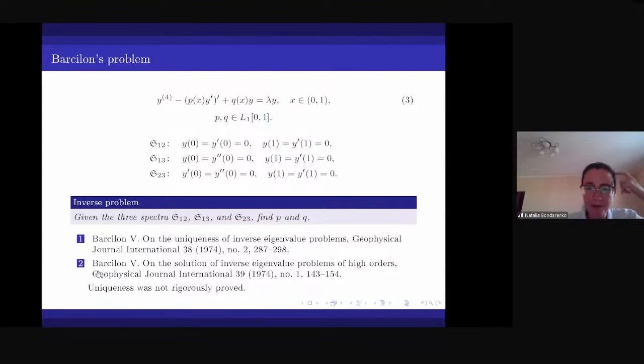And in the next paper, Barcilon developed a numerical method for the solution of this problem, and there were also other papers by Barcilon and by other authors who studied numerical methods. But the uniqueness was an open question, actually.